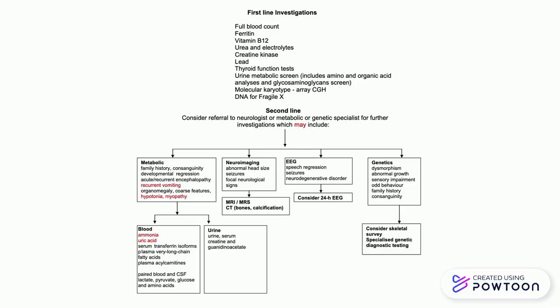Also consider a skeletal survey or blood tests like ammonia, uric acid, and urine tests, all of which can be done to rule out the real cause or real diagnosis.